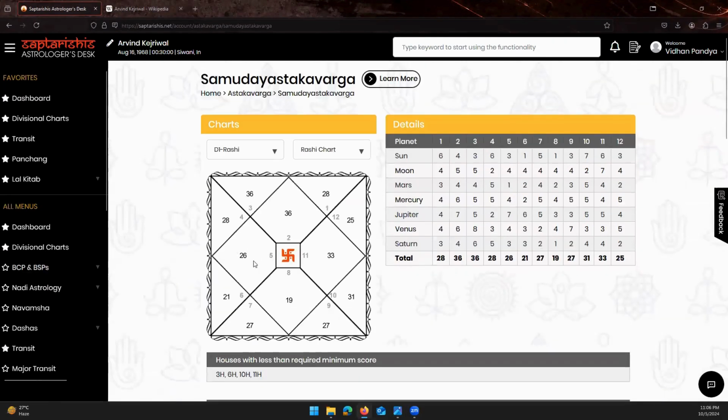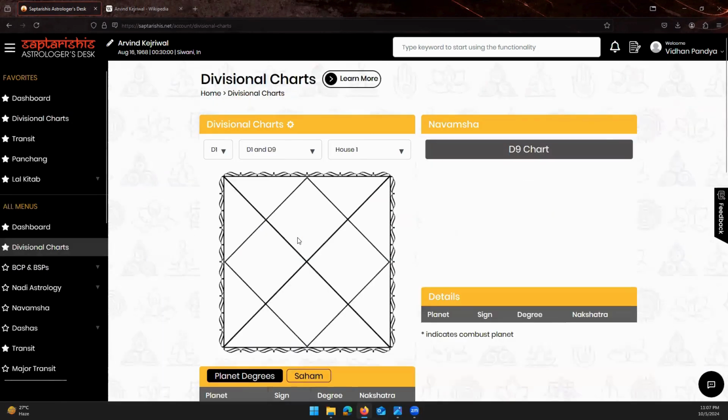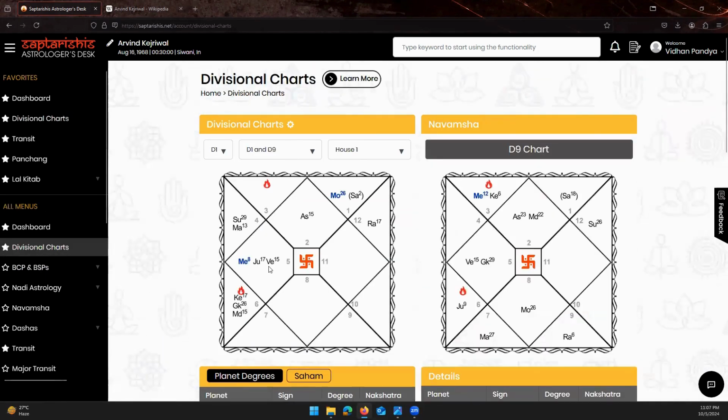So 26. So 26 must have been a good year for him. And 26 is also the year, if you pay attention to his chart, he has Venus, Mercury, and Jupiter, all three planets in the fourth house, which means at the age of 26, all these three planets will get activated.